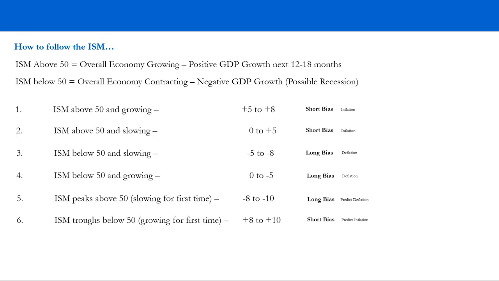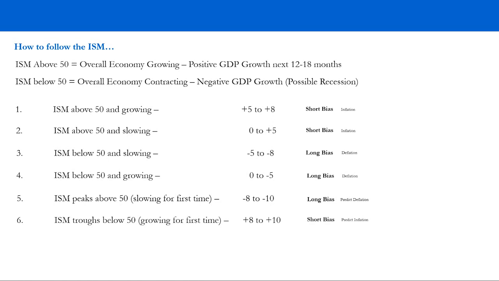When the ISM is above 50 and slowing, that is actually an inflationary bias, a short bias to the currency, but with very low conviction. The ISM below 50 and slowing is -5 to -8, so a medium-sized conviction on deflation. And the ISM below 50 and growing is still deflationary, but we have a lower conviction long bias.